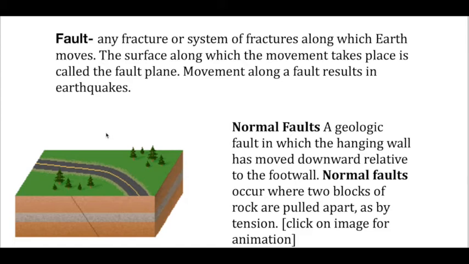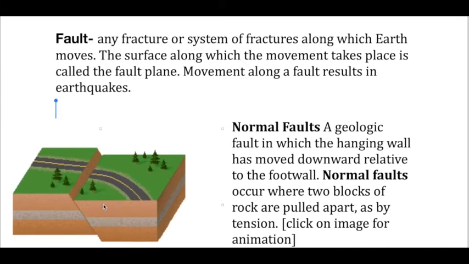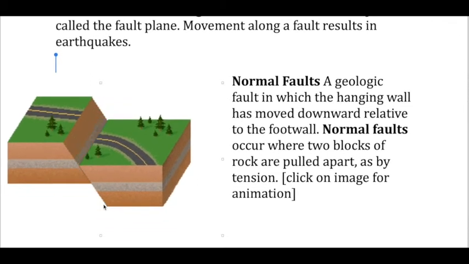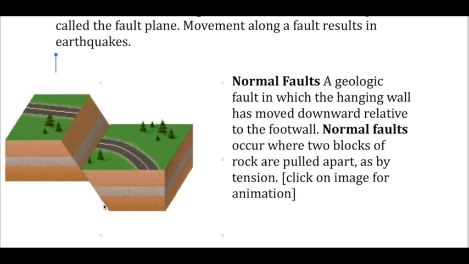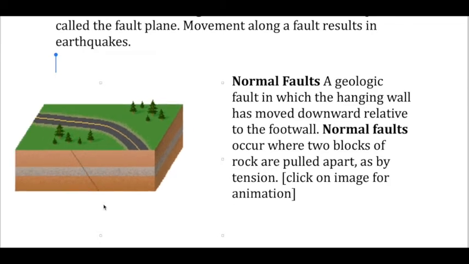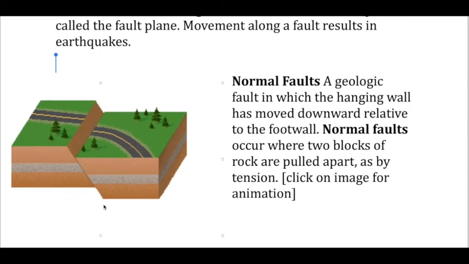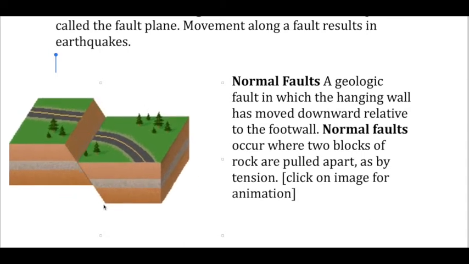All right, so the surface that the two big parts of rock are going to move along is the fault. Okay, so something like this is called a normal fault. A normal fault is when one drops down, leaving the other one higher. The one that moves downward is called the hanging wall.